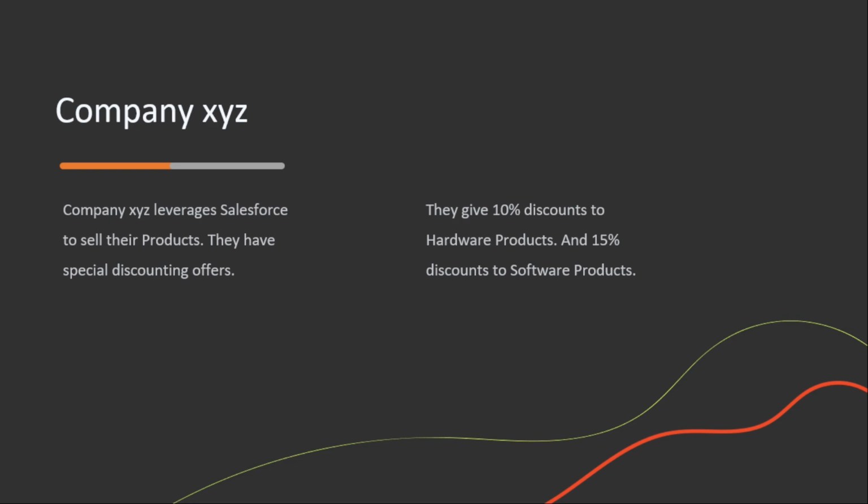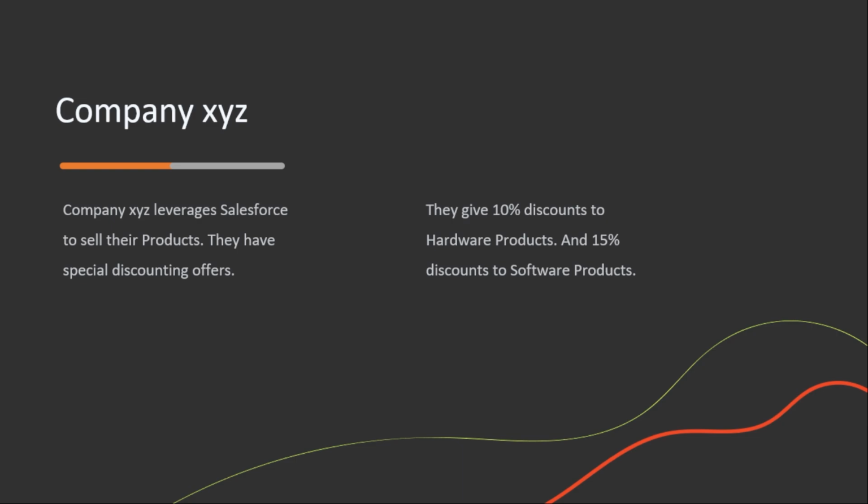You might be thinking, what if we make a constant Apex class where we give 10% and 15% and reuse that class again and again? Why do we go for custom settings? Custom settings have several advantages. We will understand it as we move ahead in this video. But as of now, just understand that we are building custom settings so that we can reuse this data again and again.